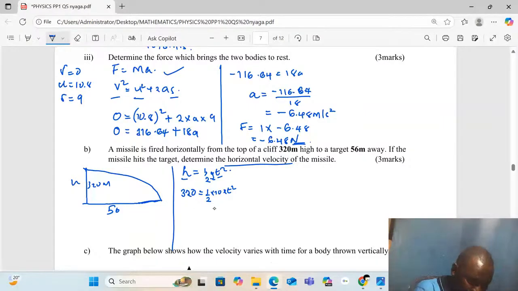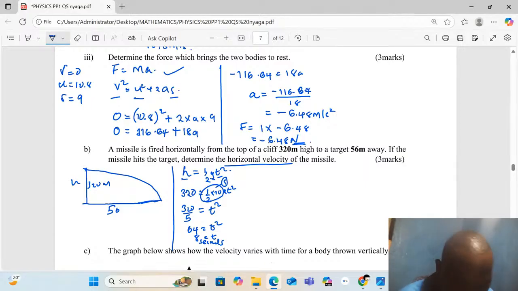So t squared will be the same as 320 divided by 5. So 320 divided by 5 becomes 64, is equal to t squared. So t, you get the square root, which is 8. And this is 8 seconds.